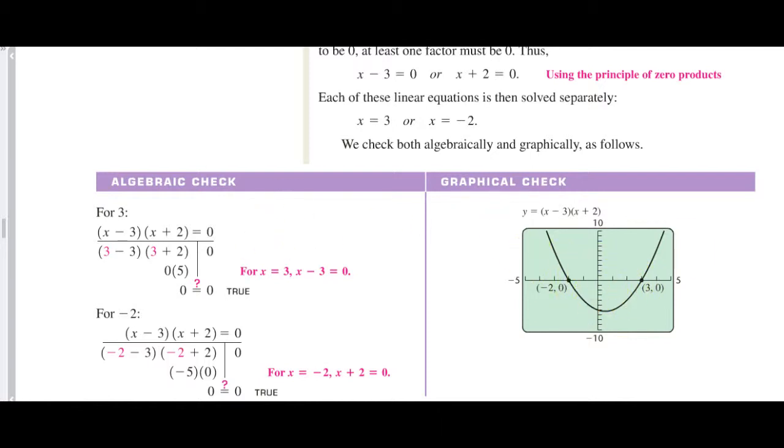And when y is 0, right there, again, a little t-chart might be in order. And we have two places where y is 0. Our x is a negative 2. And our x over here is a positive 3. The same answers we got when we factored that trinomial into this. Again, your y would be 0, and it checks out.